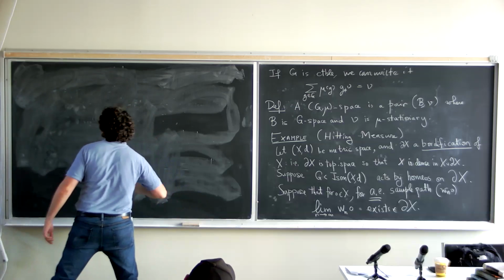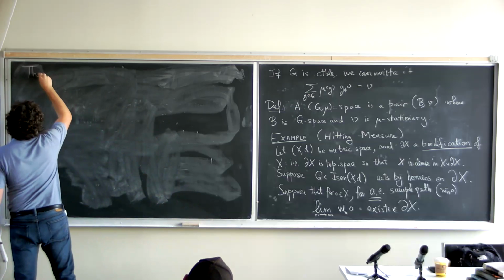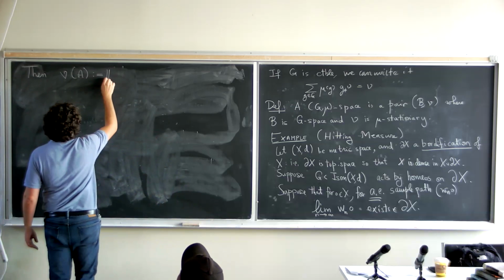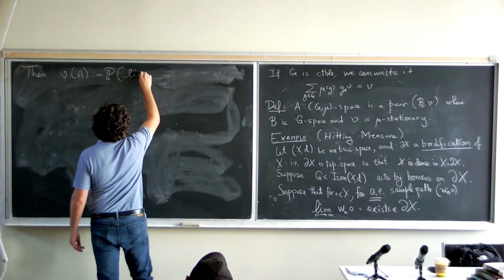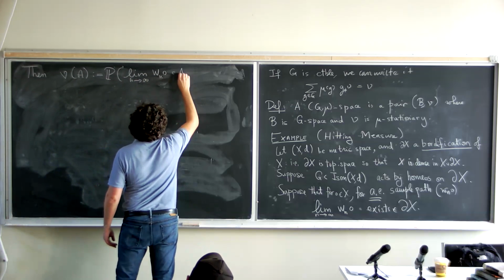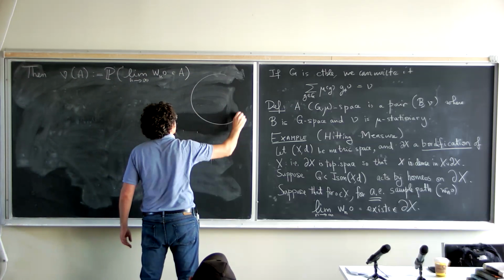So then we can look at nu of A, as I said, the probability that the limit of W_n O is in A. Again, this is the situation.